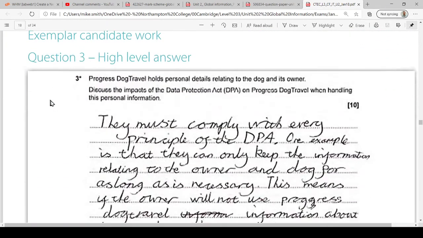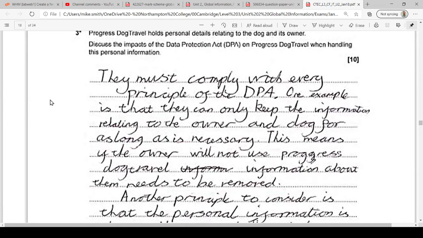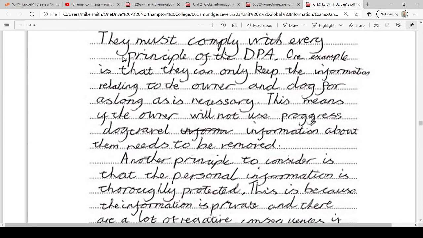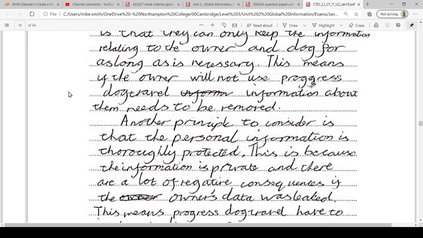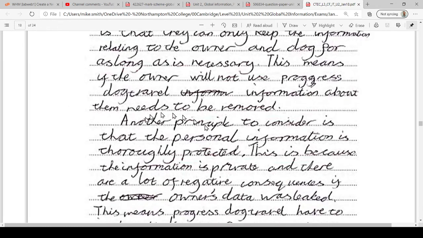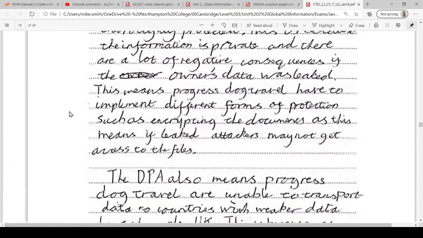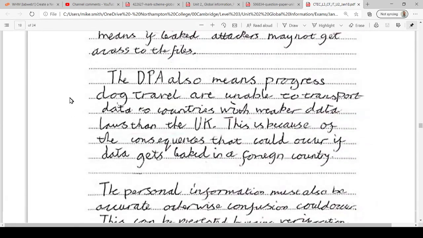Okay, you can see here the higher level answer talks about complying with all principles of the Data Protection Act, and then there are some examples of a couple of those. It's mentioned one principle, it's mentioned another principle, and then it's also mentioned the transportation, so moving data outside the UK.